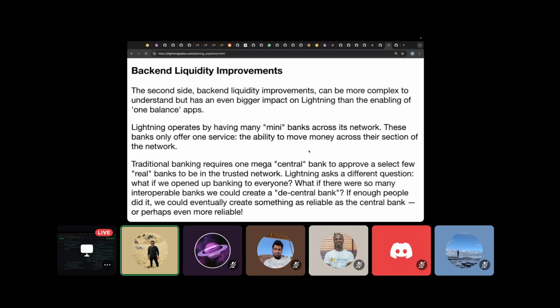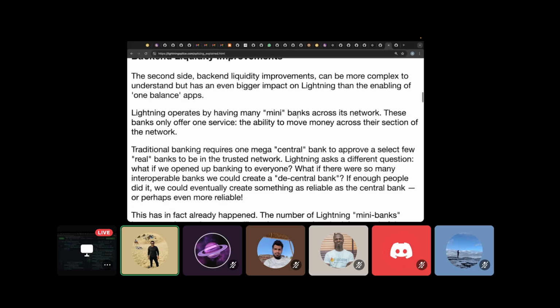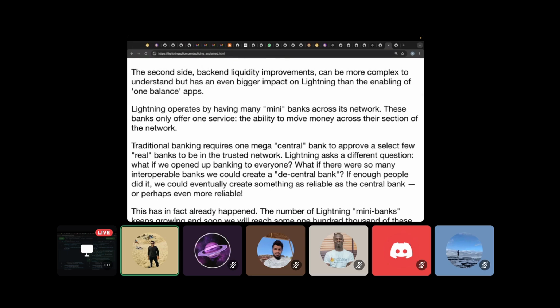But with splicing, they can rebalance. They can shift balances from the not so much used channels to the channels being used at very high frequency in a single transaction.